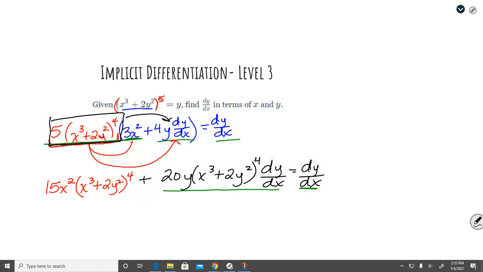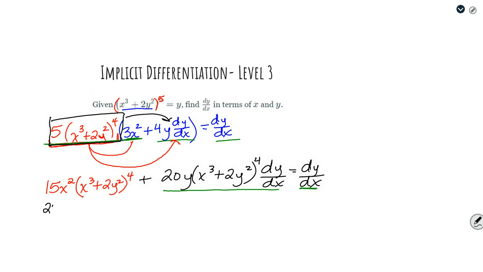So that my equation now looks like 20y x cubed plus 2y squared to the 4th dy dx minus dy dx equals that part in the red, the 15x squared times x cubed plus 2y squared to the 4th.